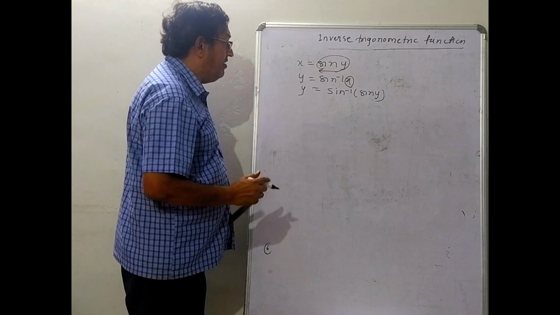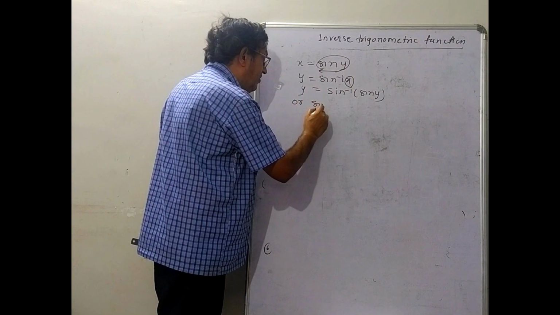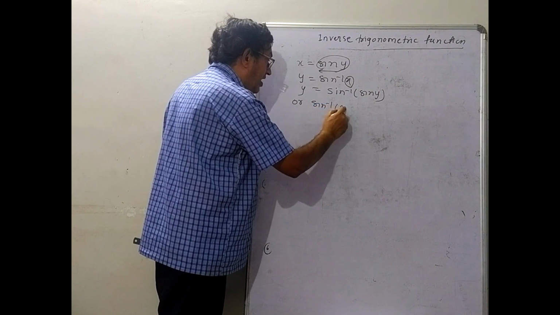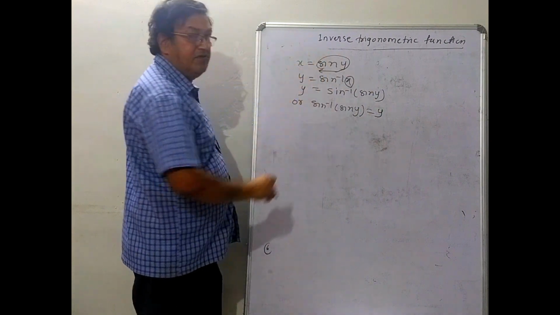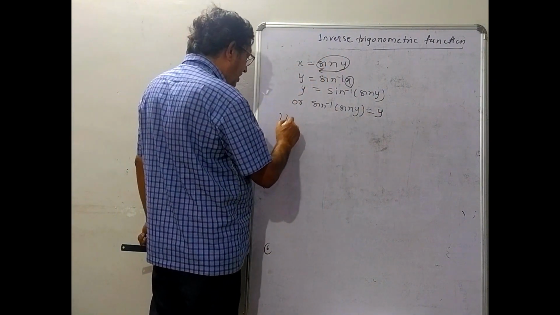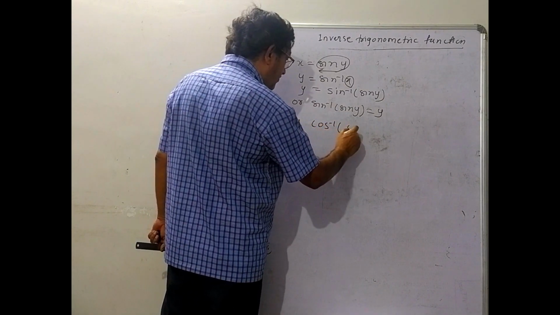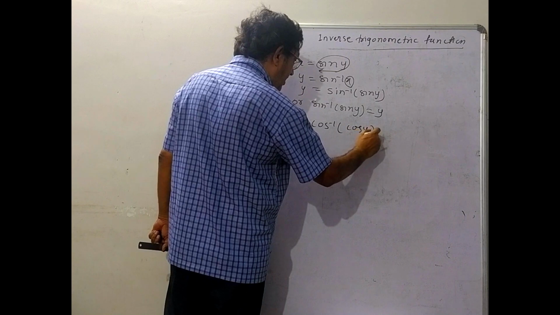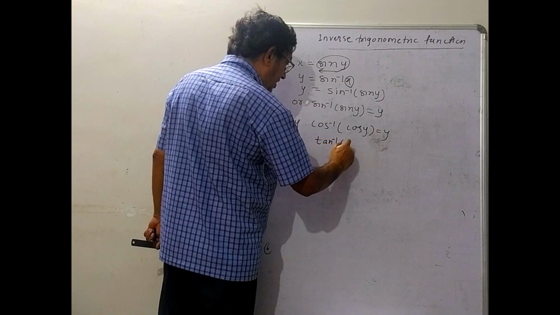So y is equal to sin inverse of sin y, or we can write sin inverse of sin y is equal to y. Similarly, we can write cos inverse of cos y is y, and tan inverse of tan y is y.